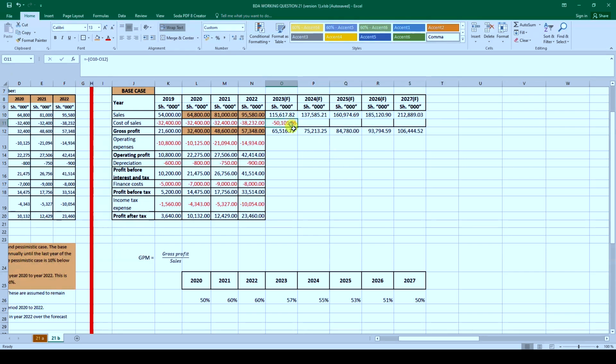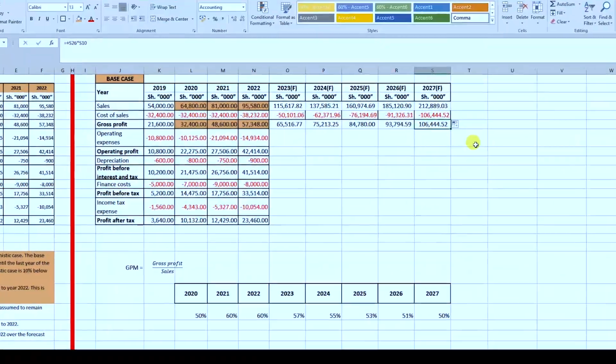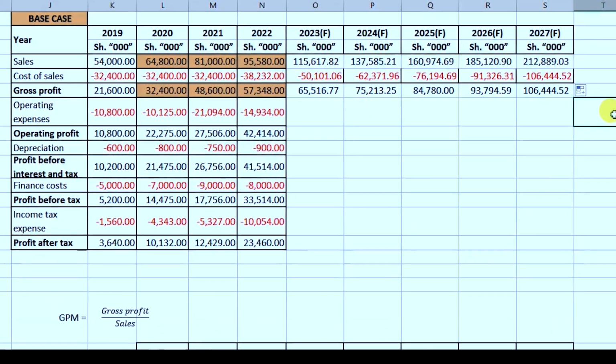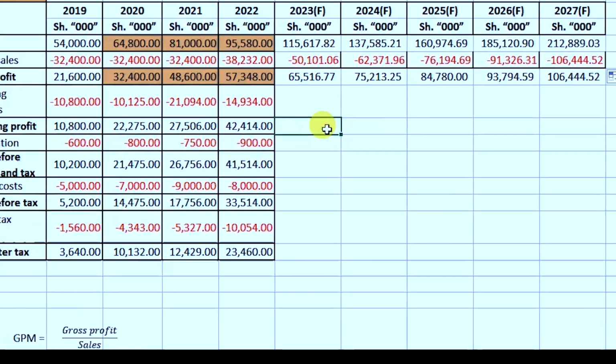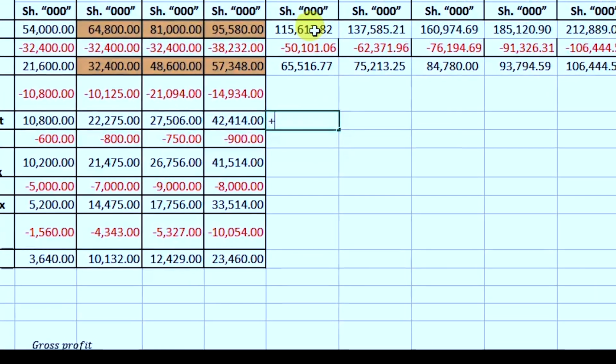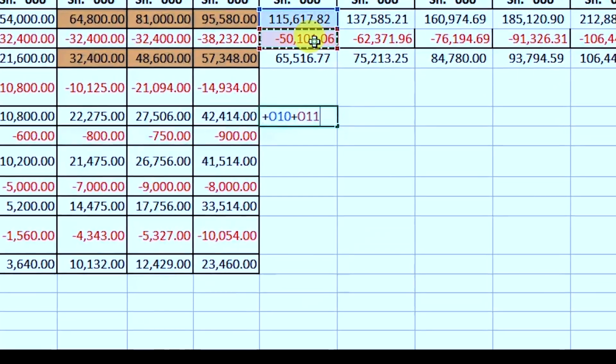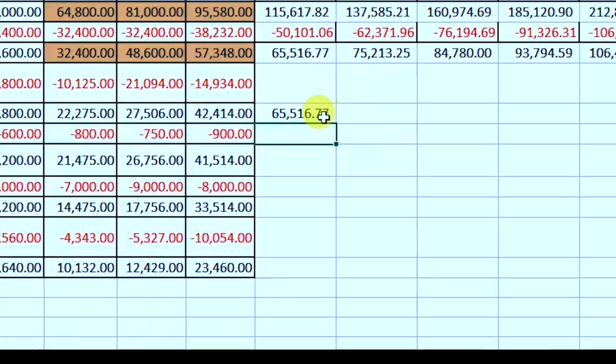So we proceed then. You can just drag the formula like that. Once you get the plus sign, you just drag it and it will fit in. But if we double check over here, plus that value plus that one gives us 65.